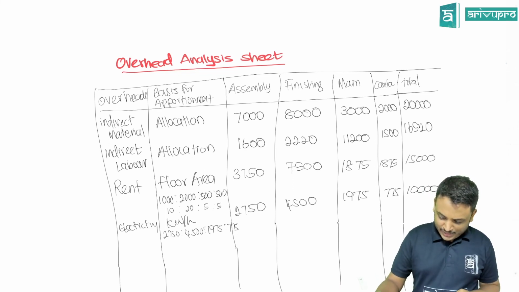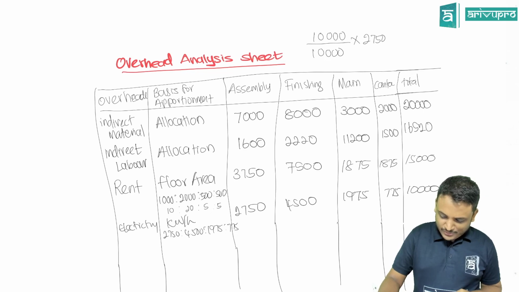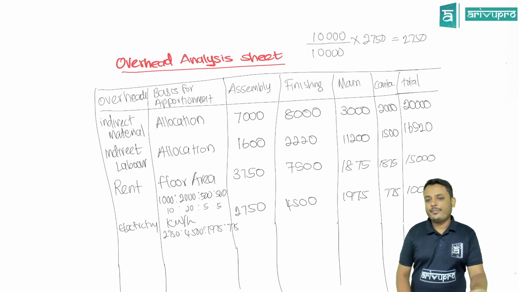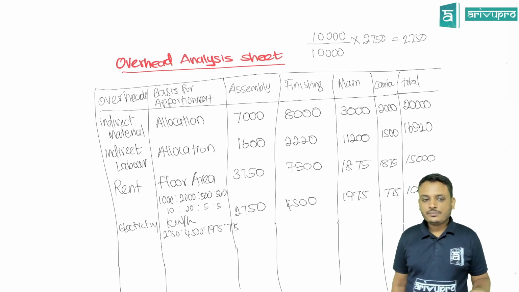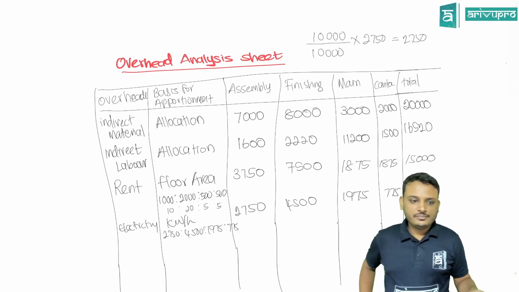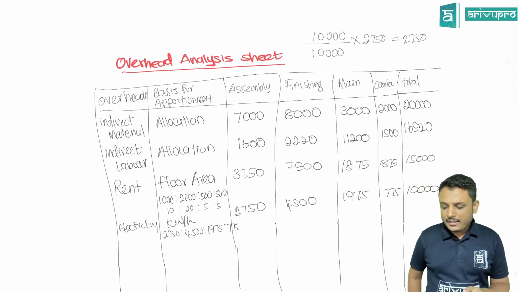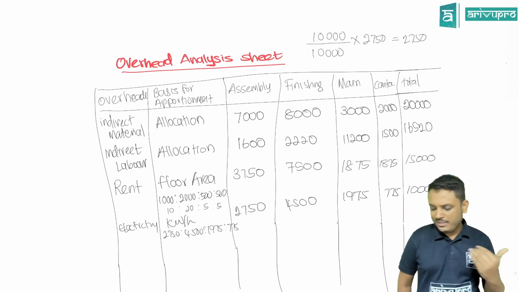You should take 10,000 divided by 10,000 multiplied by 2,750 equal 2,750. So be smart. If you know that the amounts are same, directly you can take.